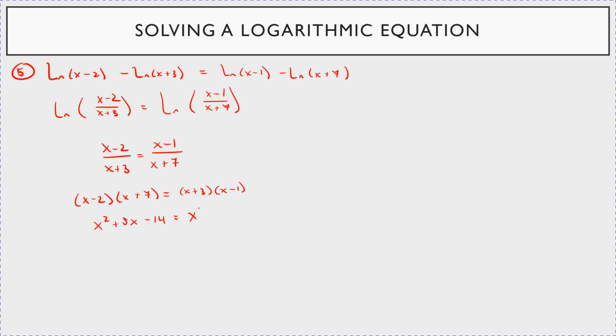You get x squared plus 2x minus 3. This is awesome. Look, you subtract x squared from each side. So those are gone. So now you just have to solve this. 5x minus 14 is equal to 2x minus 3.